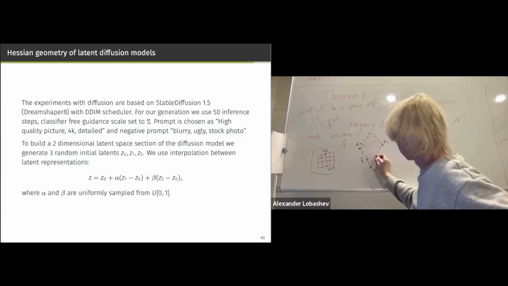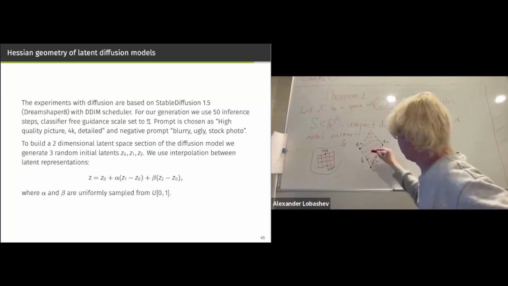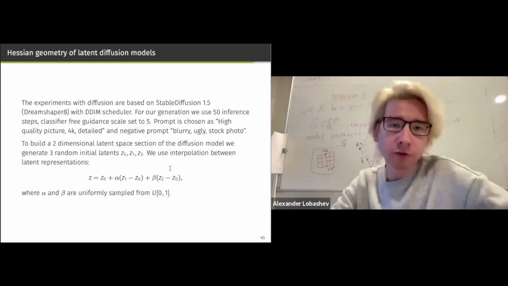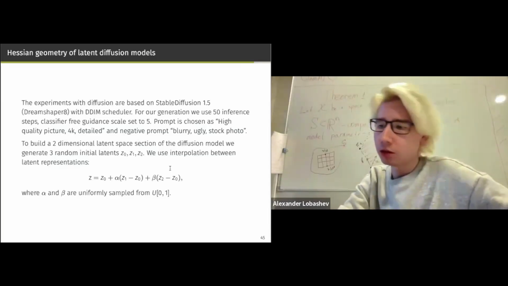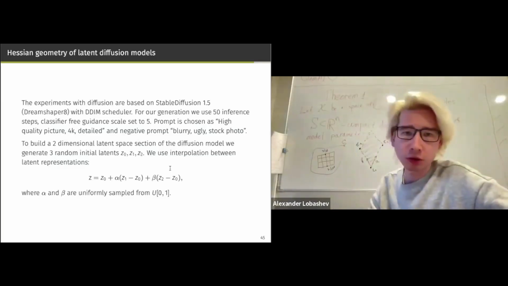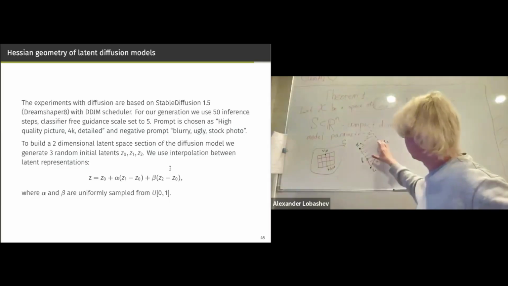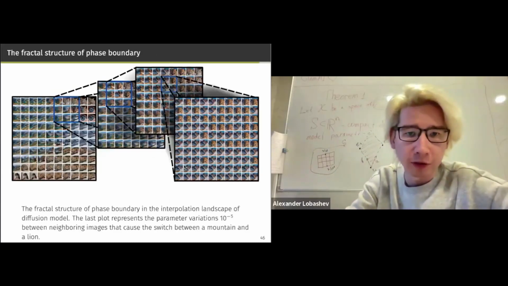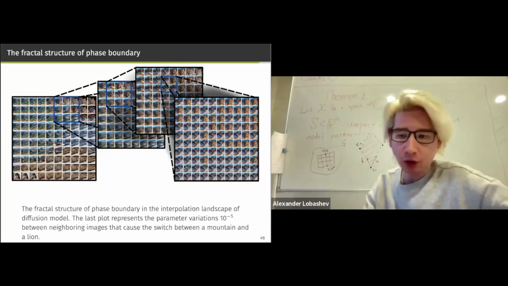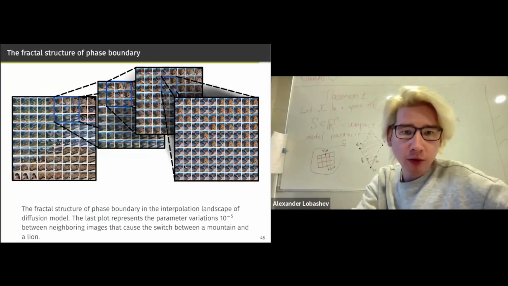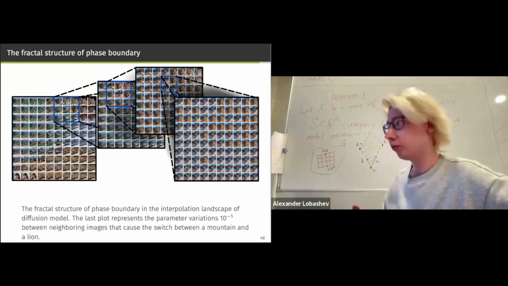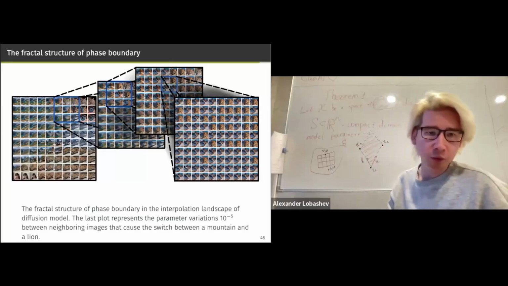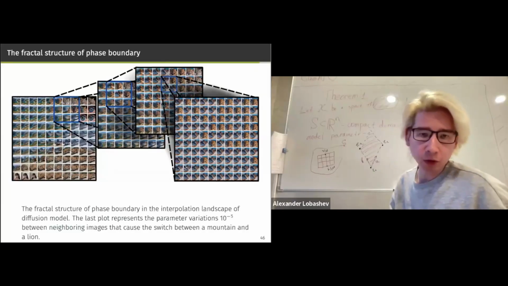We want to study the latent space in this red area of our diffusion model. More specifically, we are interested in the behavior of the Fisher metric in this latent space. The steps to estimate the Fisher metric are the same as for the Ising model and the TASEP model.